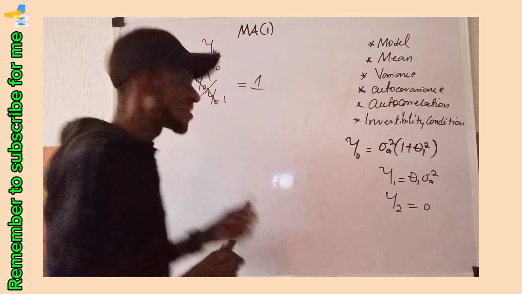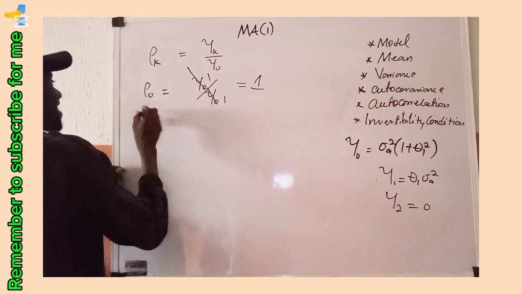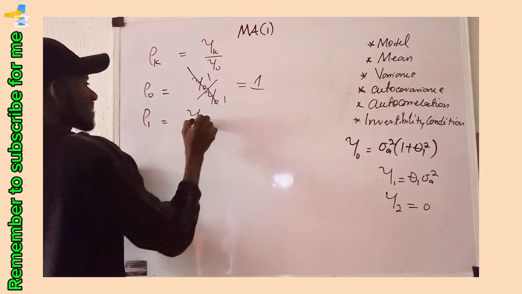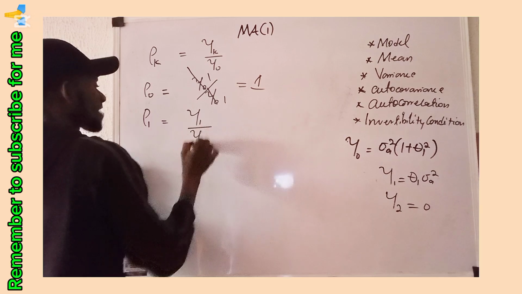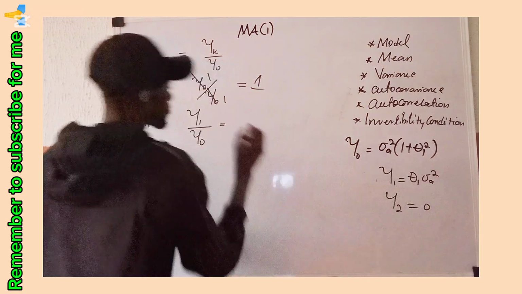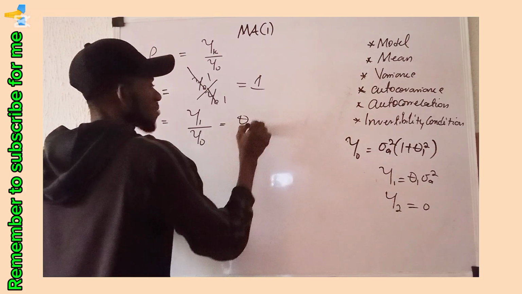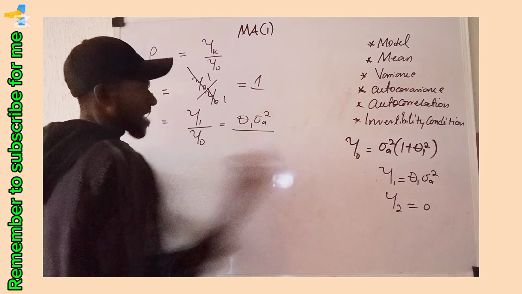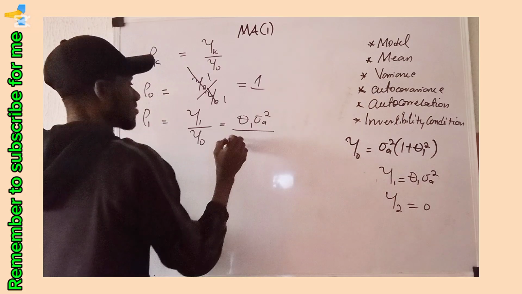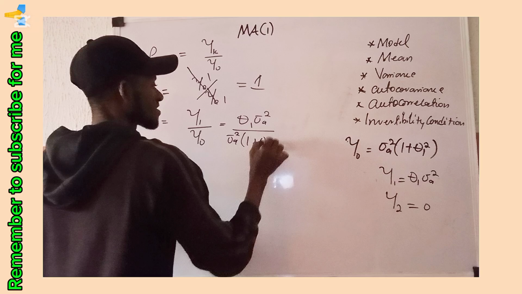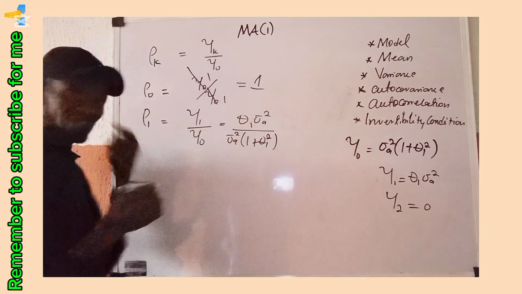So we now move to when k becomes 1. Rho 1 is going to be gamma 1 all over gamma 0. Our gamma 1 here is theta 1 sigma squared of A, all over our gamma 0, which is sigma squared of A into 1 plus theta 1 all squared, close the brackets.